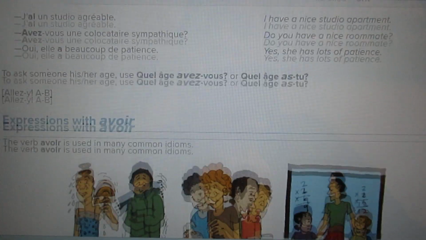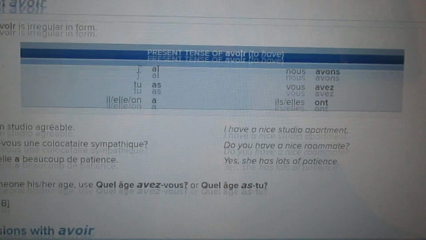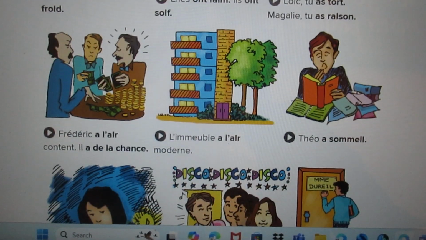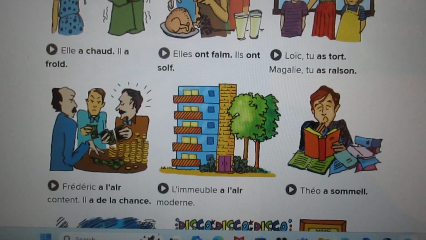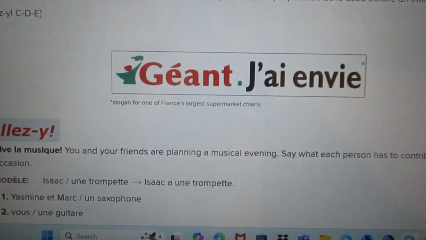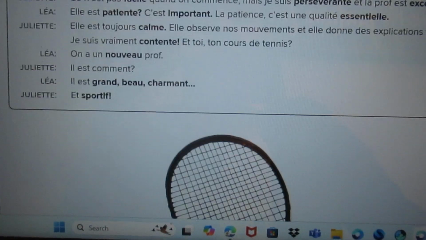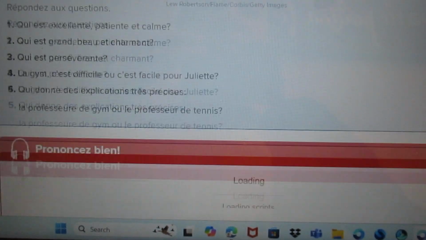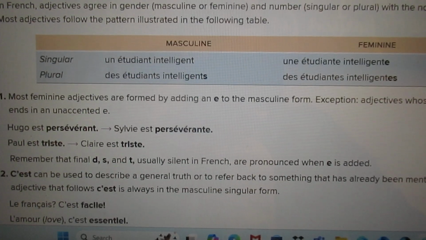We have avoir, and how you conjugate that with each one of our subjects. All of our expressions, they give you these great pictures, and you can hear them say the expressions, so you'll want to use those. And then we get closer to where we need pronunciation. You'll want to go through those.